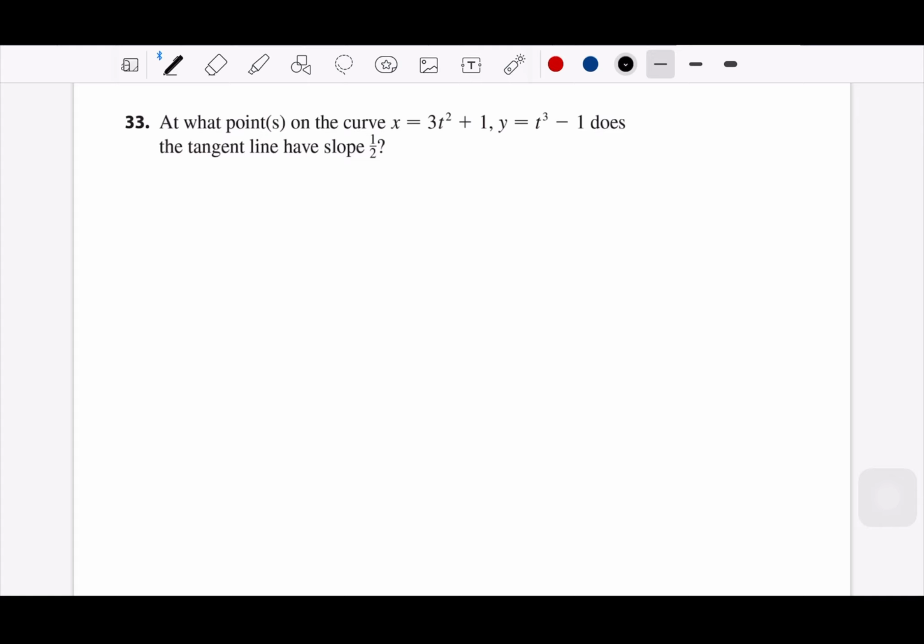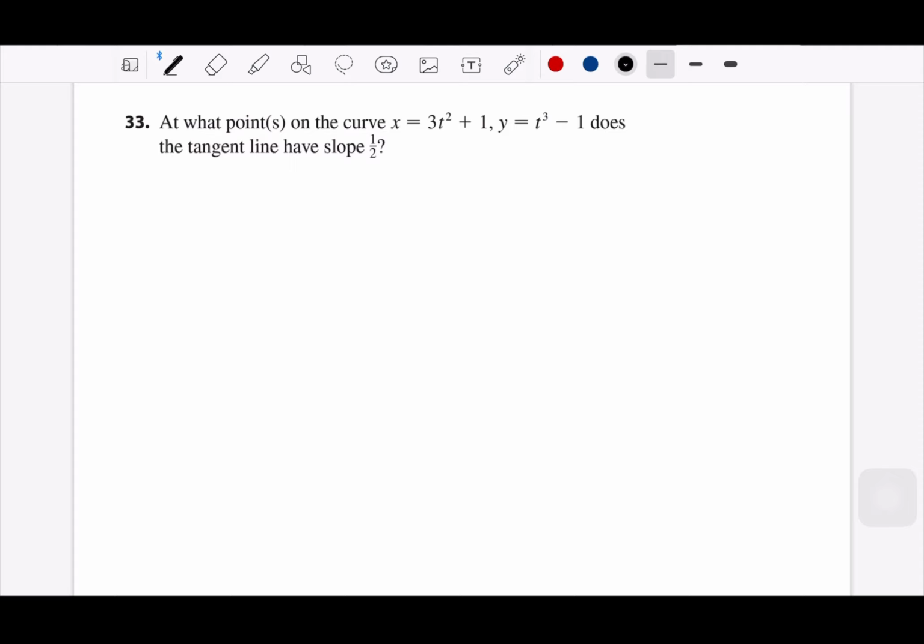Okay, anyone solve which point? 4, 0. Okay.